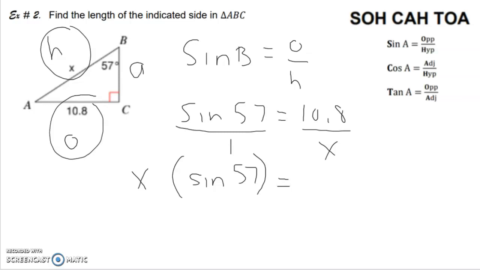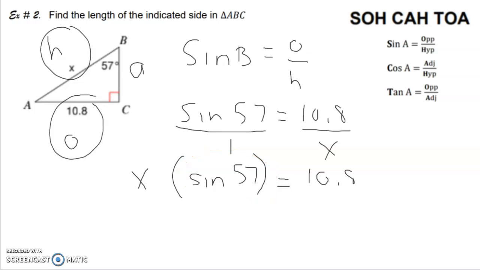So this means the same thing, X times sine 57. Now on the other side, it's 10.8 times 1, so anything times 1 is itself. So that was easy.